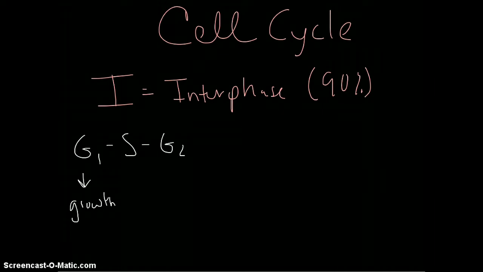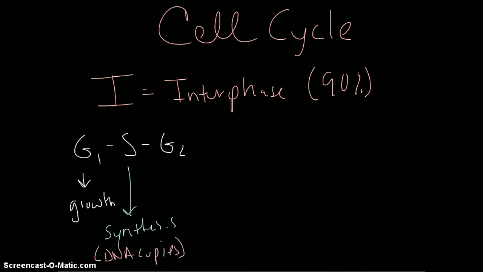Cell grows up, just like when you were a little kid, you grow up, so does a cell. S stands for synthesis, which means making something. In particular, DNA is going to get copied.